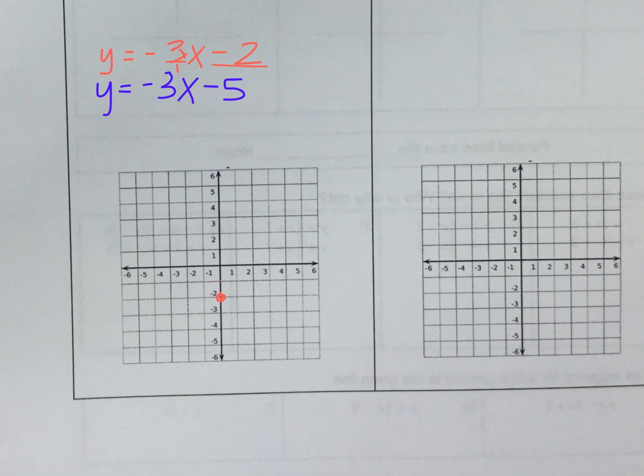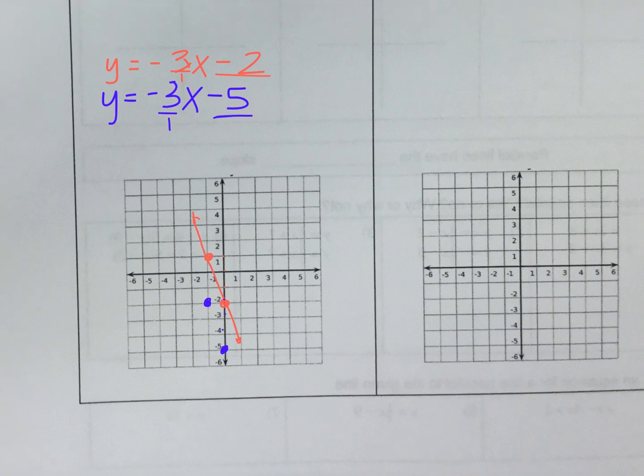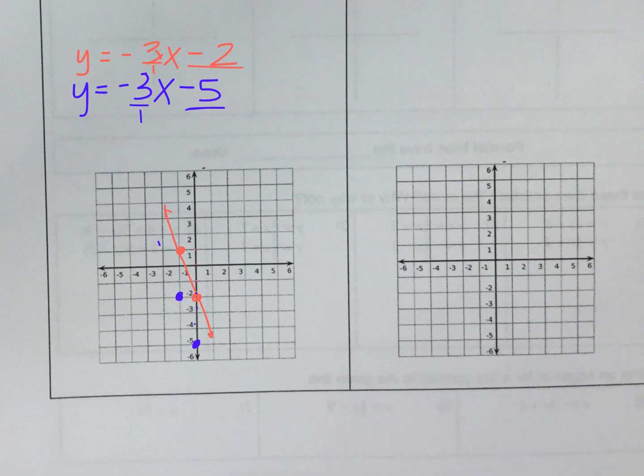So I like to rise 3 and go negative 1. So there's our red line. Our next one starts at negative 5. We rise 3 and go over 1. So those are our parallel lines.